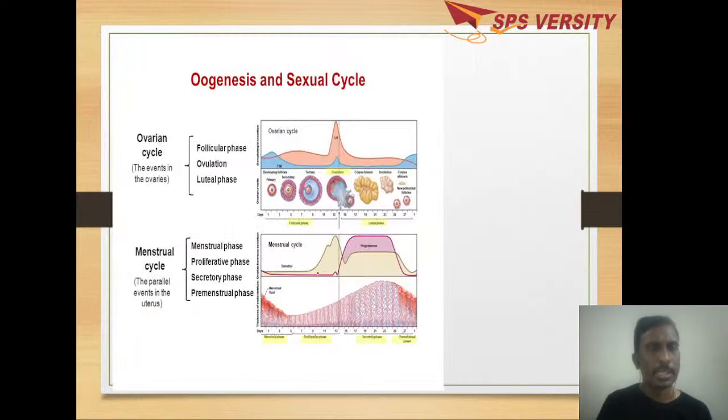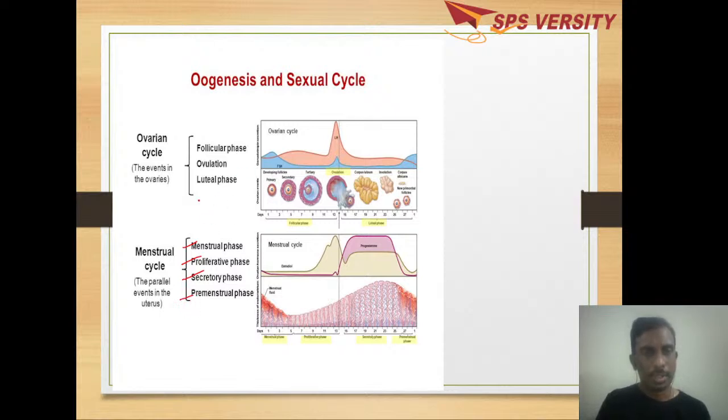And here you can see that in a menstrual cycle, these phases are seen. Menstrual phase, proliferative phase, that is follicular phase, luteal phase, and premenstrual phase.